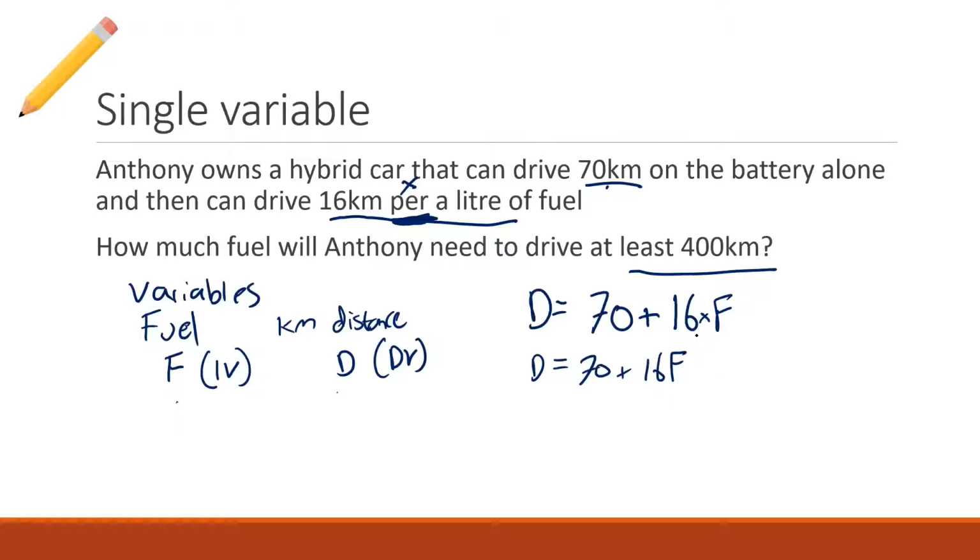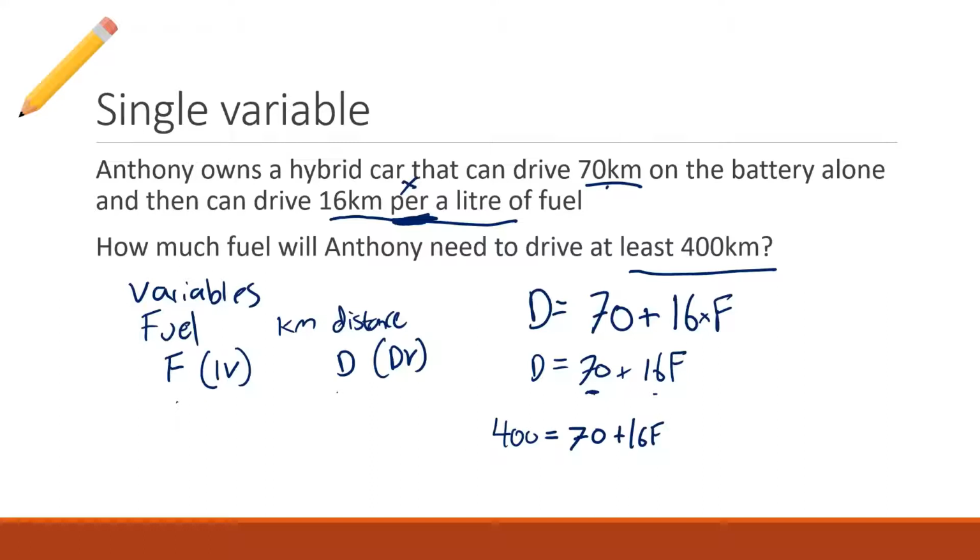You will usually find your linear formulas will make this kind of form. You'll have some kind of constant and then some kind of variable that changes, and that might be plus or it might be minus. But in this question, we actually know how far we want to get. We want to go 400 kilometers. That's what we want D to be. So 400 equals 70 plus 16F.